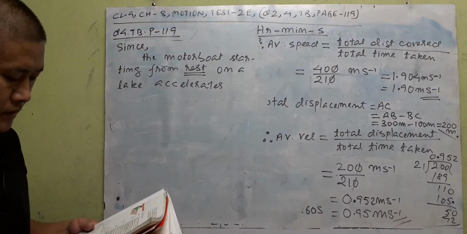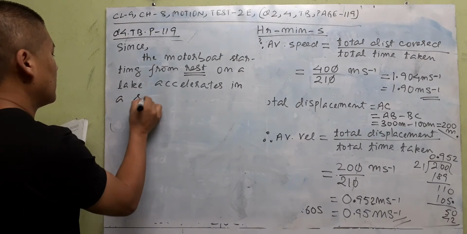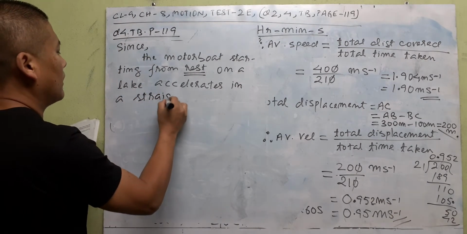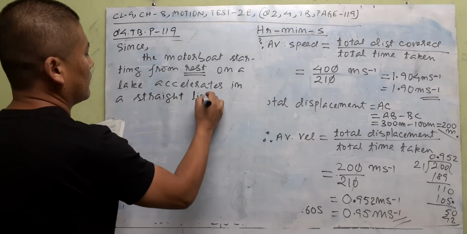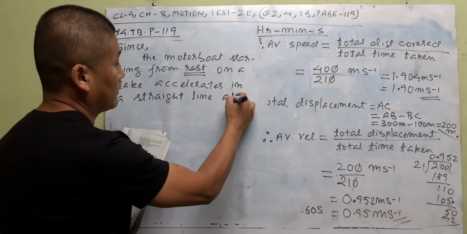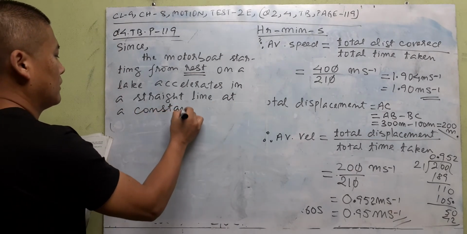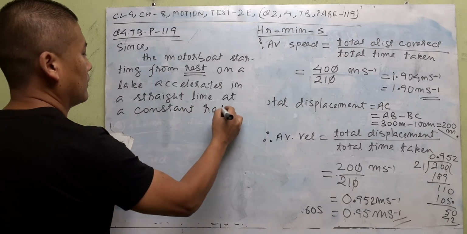Okay, so accelerates in a straight line, at a constant rate. Constant rate here means increasing velocity at a constant rate.